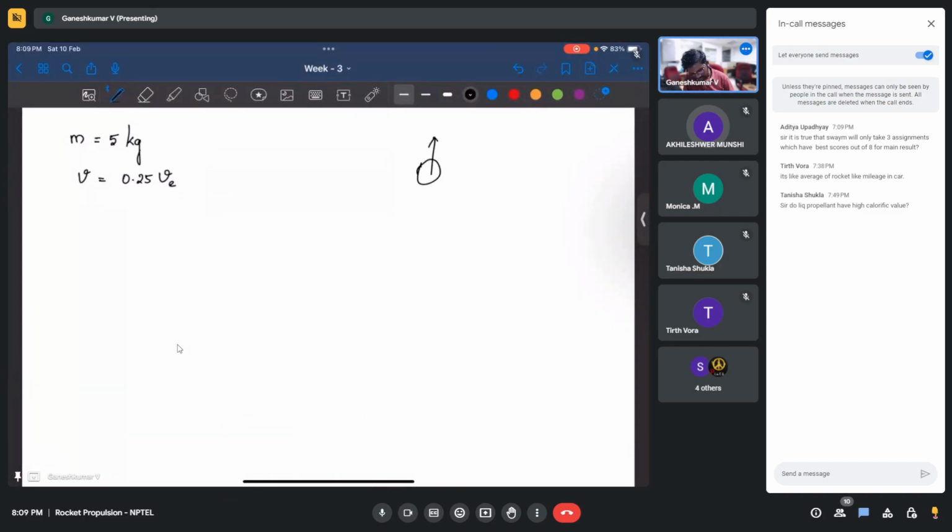So you have a mass of 5 kg going up with some initial velocity vi, and the only force acting on it is mg. Actually, you don't need a force balance, maybe you can do an energy balance. The initial kinetic energy is equal to the potential energy, mg into h.